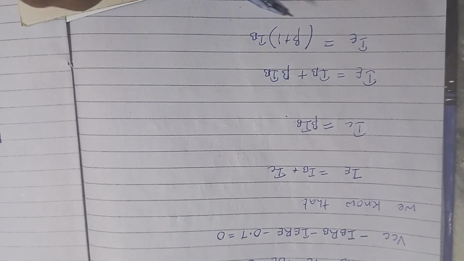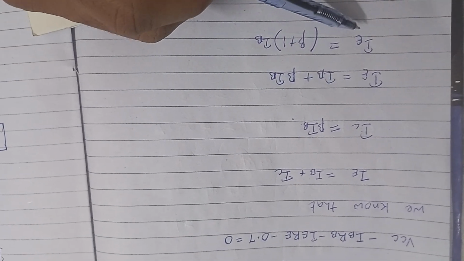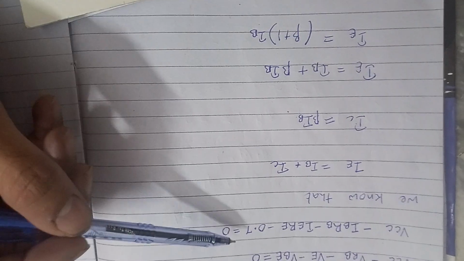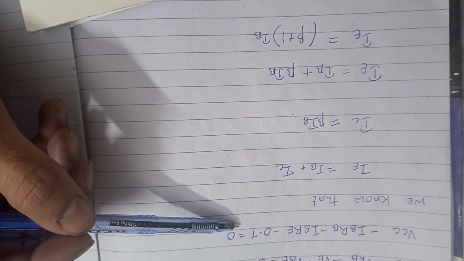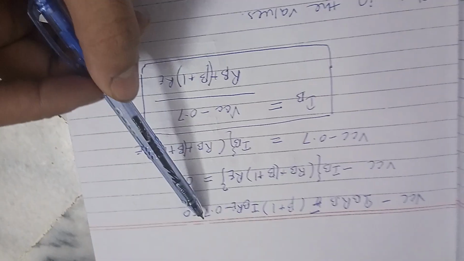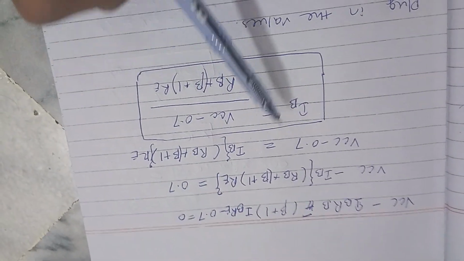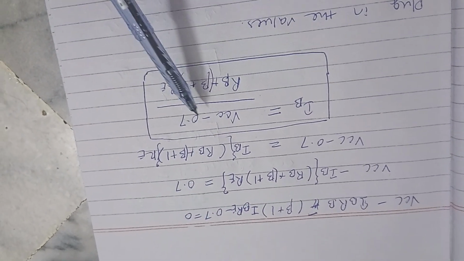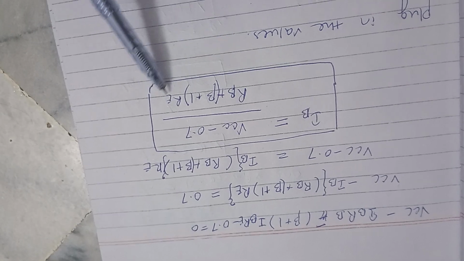Now we put that IE equation into the earlier equation, and if we solve for IB, we get an equation like this.